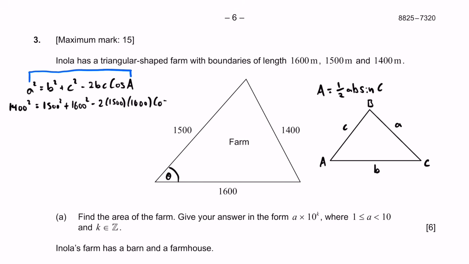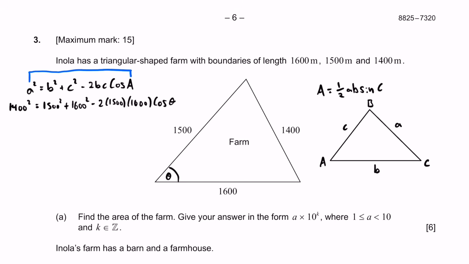And then cos, we don't actually know what this theta is, but it's opposite to this a that we selected, cos theta. Okay. So now we have one equation and one unknown, just this theta.